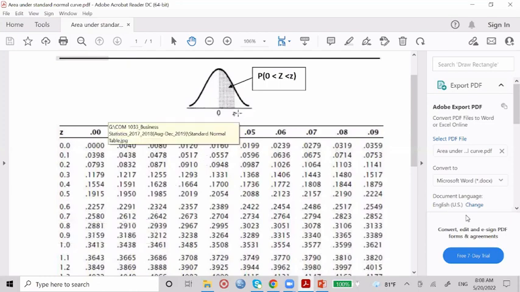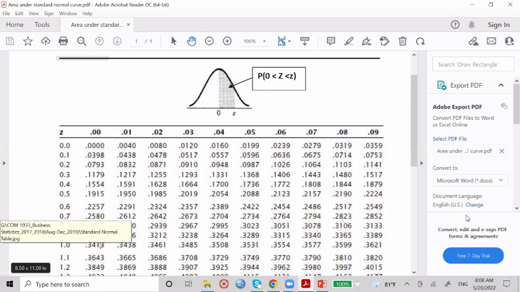If Z is 1, then the probability 0 less than Z less than 1 equals 0.3413.